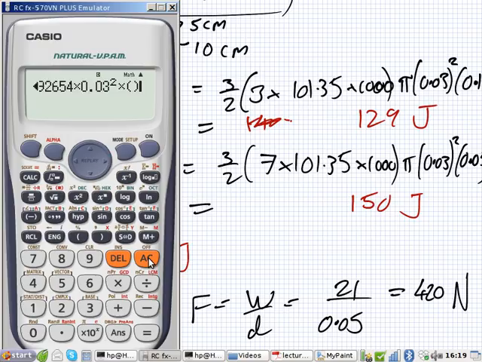But do we know the pressure? Well, the pressure changes from 3 to 7. Do we use 3 or do we use 7? We can use the average. The average of 3 and 7 is 5. So let's see what happens if we use 5, and see if we get the same answer.